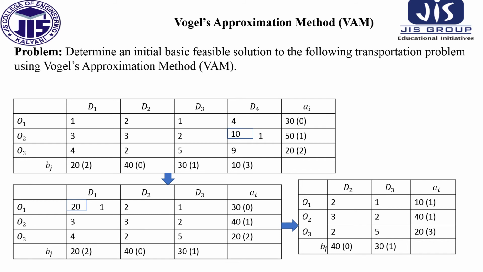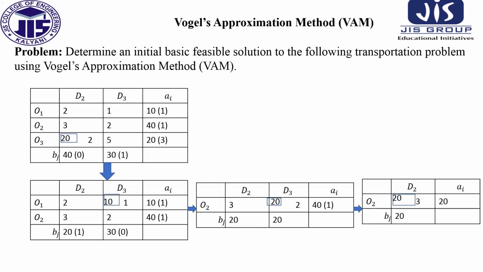Now for this O3 row, the minimum cost is 2 and 5, between 2 and 5, 2 is the minimum cost. We select the 3 2 cell. So in the 3 2 cell, the supply value is 20 and the demand value is 40.